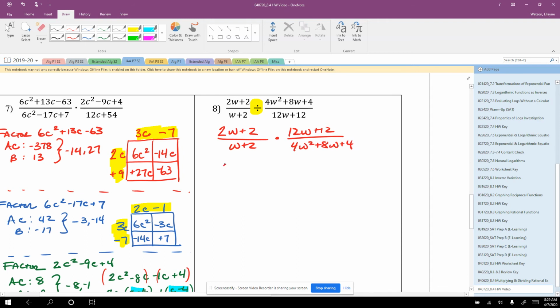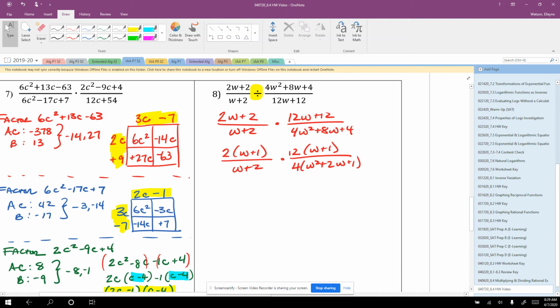Okay, so let's start taking out GCFs. We can further factor the denominator in the second term.